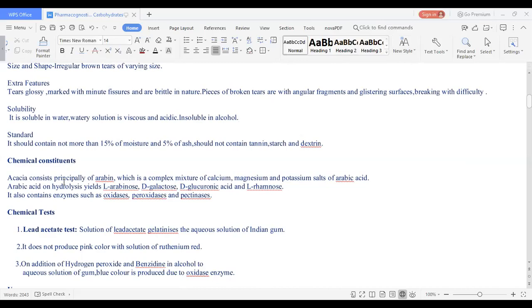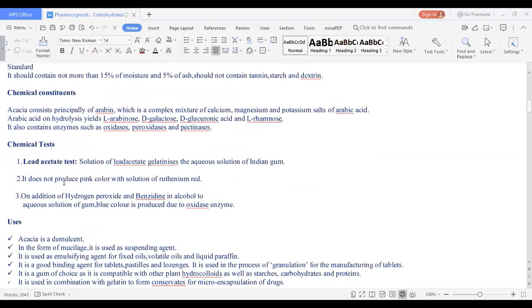Next, the chemical tests. The first one is the lead acetate test. The solution of lead acetate gelatinizes the aqueous solution of Indian gum. So here, when the solution of lead acetate is mixed with the solution of Indian gum, a gelatinous product is formed.